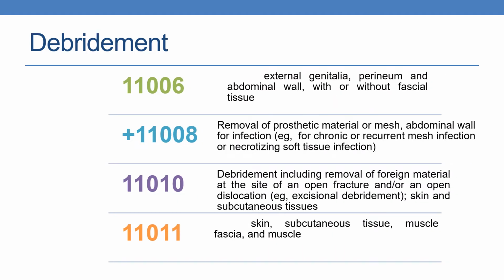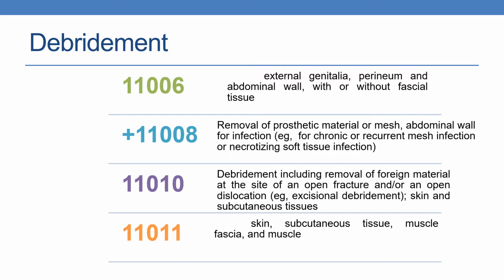Now the next code is 11006, which is debridement of skin, subcutaneous tissue, muscle and fascia for necrotizing soft tissue infection, external genitalia, perineum and abdominal wall, with or without fascial closure.